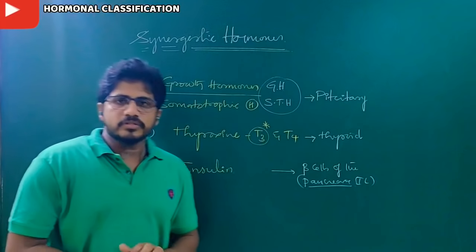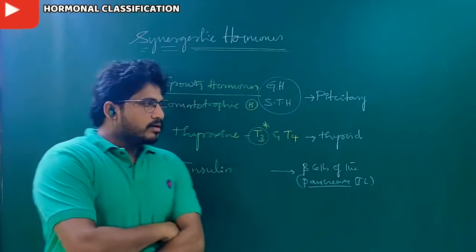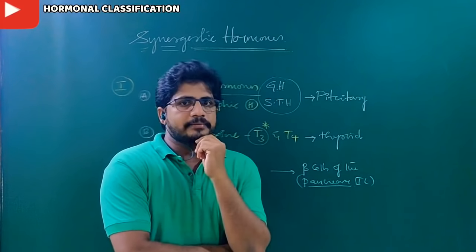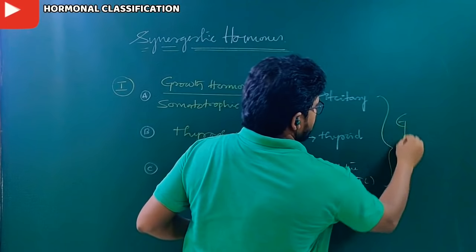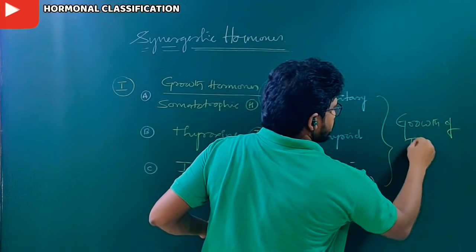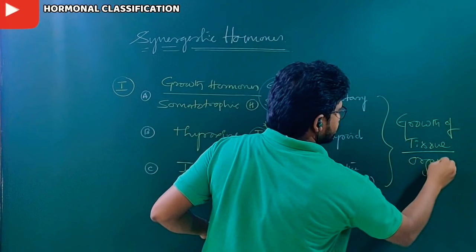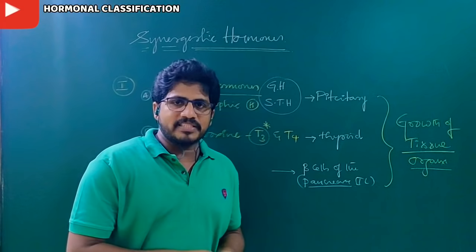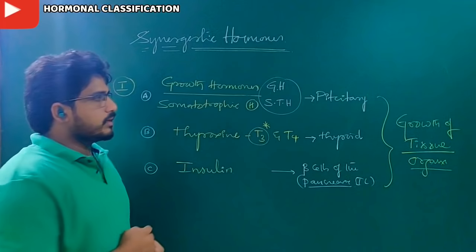All these three hormones do not come from the same source, but the destination function of all three is the same. What is that? Obviously growth of tissue or organ. How do all these three have a similarity in the property of growth of an organism?